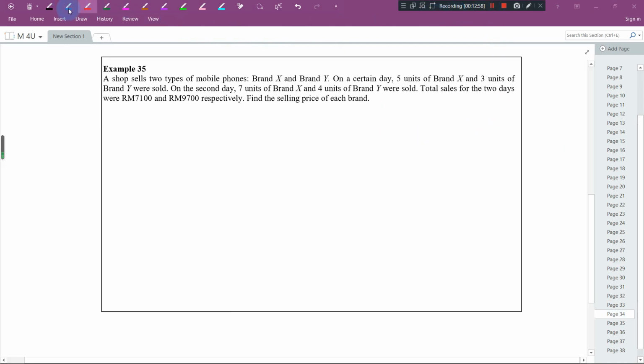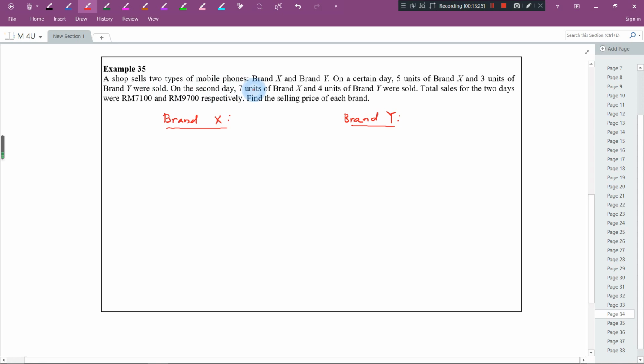Let's try one more example. A shop sells two types of mobile phones, brand X and brand Y. On a certain day, 5 units of brand X and 3 units of brand Y were sold.